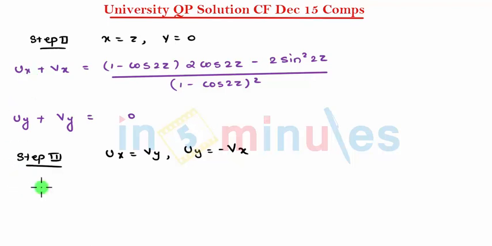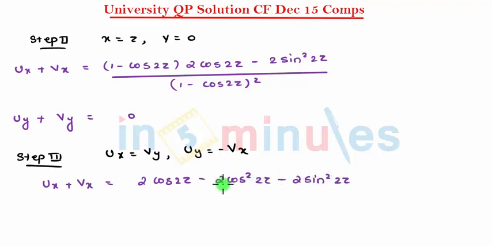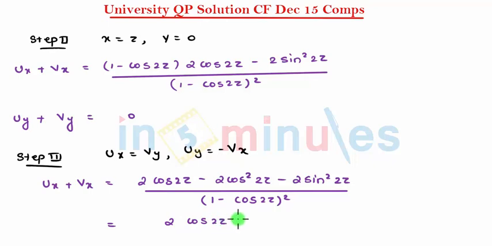I'll be writing ux plus vx as 2 cos 2z minus 2 cos square 2z minus 2 sin square 2z, and that gets divided by 1 minus cos 2z the whole square, which after solving I can write 2 cos 2z minus, taking minus 2 common, I can say it is 1, so again 2 common, I can write this as 1 minus cos 2z the whole square.